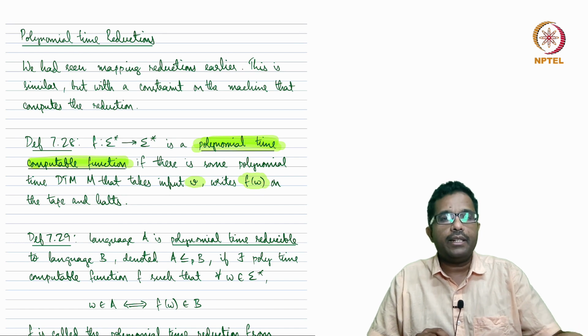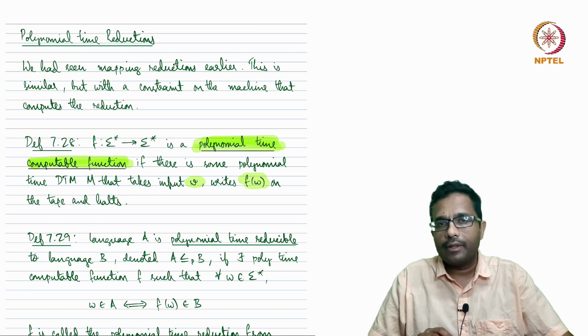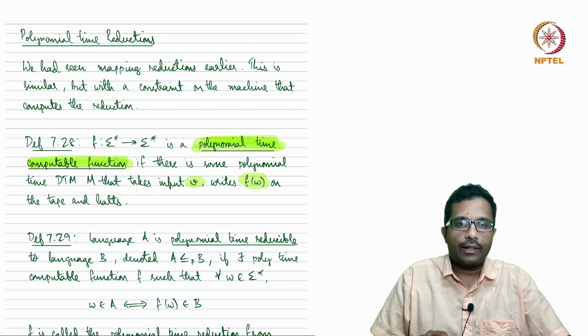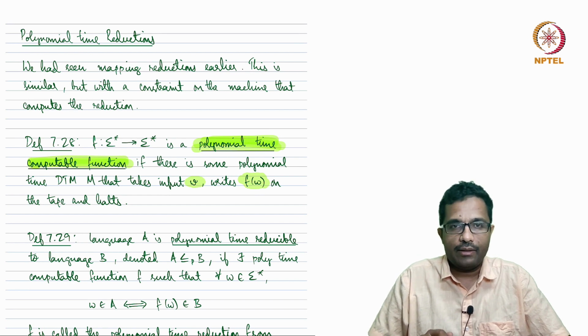So there should be a machine that takes w as input and outputs f of w, and this should be done in polynomial time by a deterministic Turing machine.